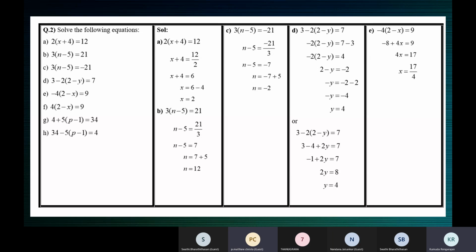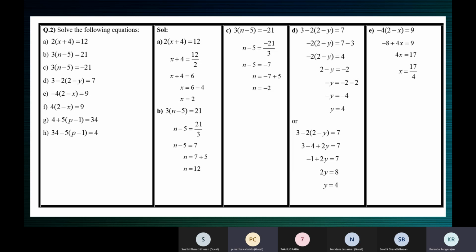Ma'am, 3 of n minus 5 is equal to minus 21, ma'am. First, we should divide 3 on both sides, ma'am. You should divide both the sides with 3. We must divide both the sides by 3.